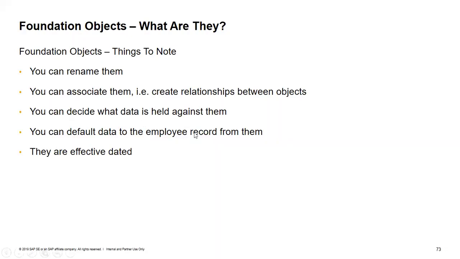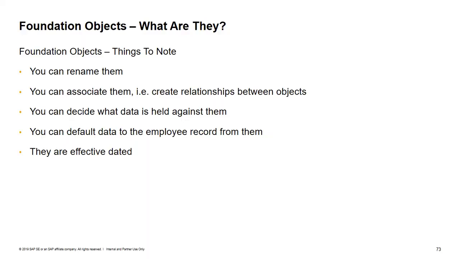You can default data to the employee record from them. Once you have set the data on these objects, you can default the data to the employee. Like at company level, you will define how many hours the employee should be working. Once you set that up, automatically when you choose the company for the employee, the system will default the weekly hours for the employee.